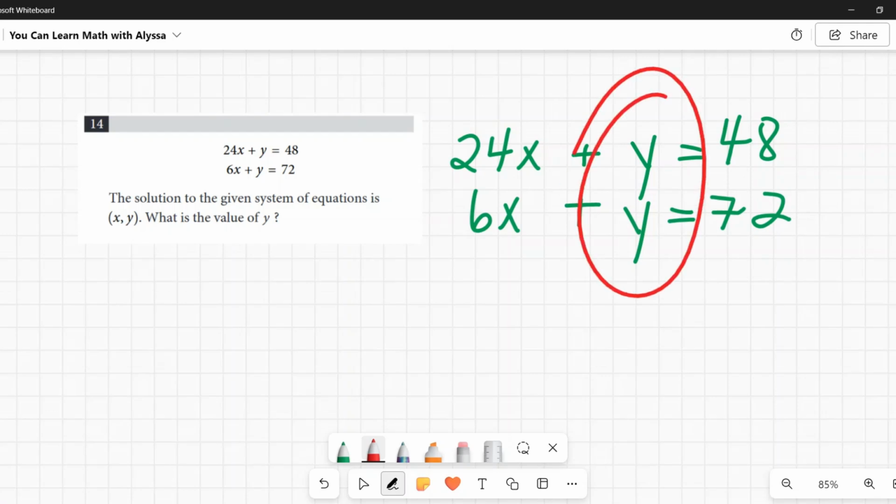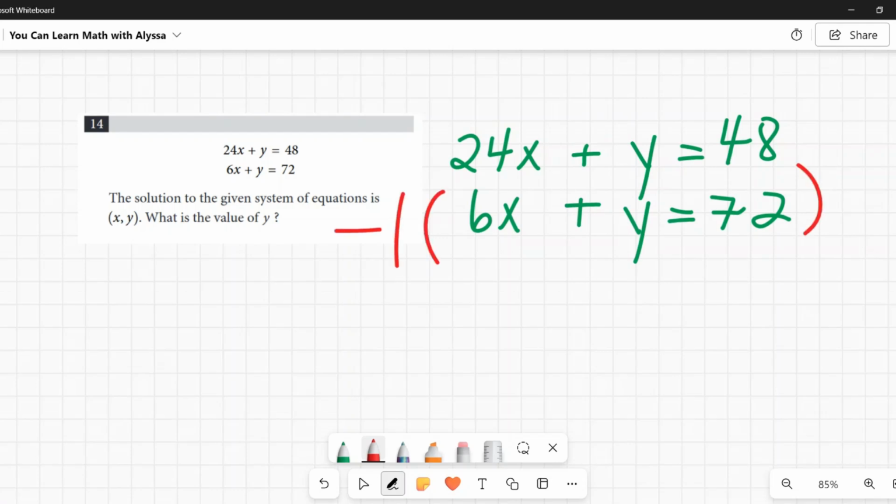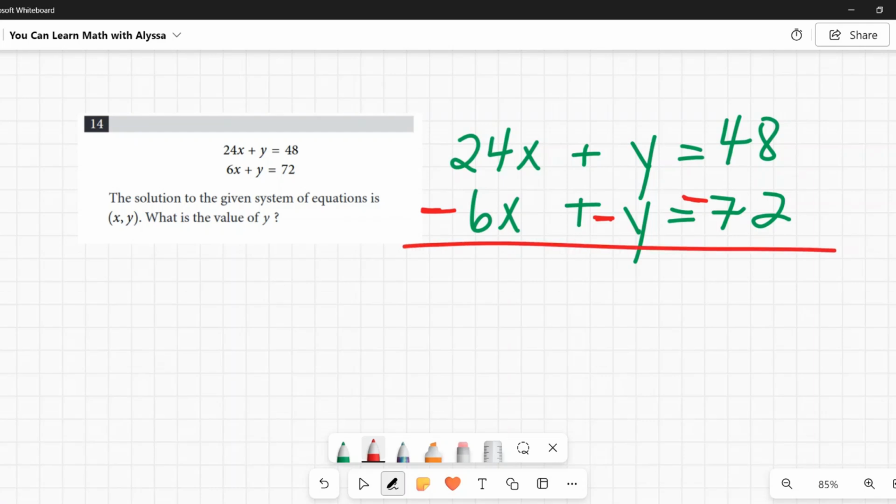Those y's are already lined up to cancel out. So I'm going to multiply everything on the bottom by a -1. When you multiply all those by a -1, it just changes the sign of everything. So this becomes a -6x, a -y, and a -72. If I add all those together, 24x and -6x are 18x. The y's cancel out.